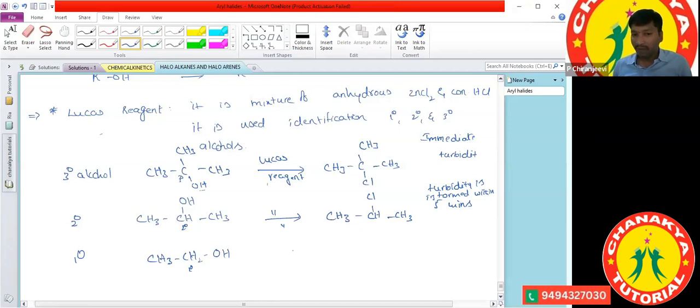Similarly, the primary alcohols do not react at room temperature. At high temperature, they react with the Lucas reagent. So based on these three tests, we can identify whether the given alcohol is primary, secondary or tertiary.